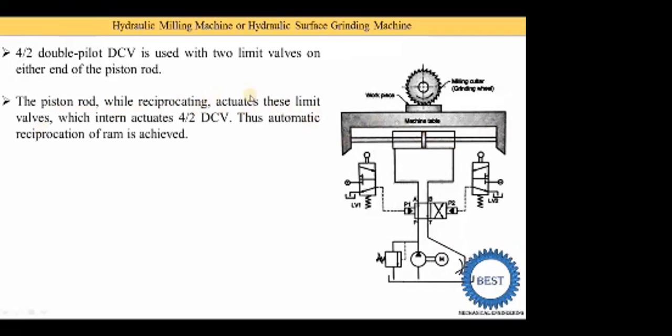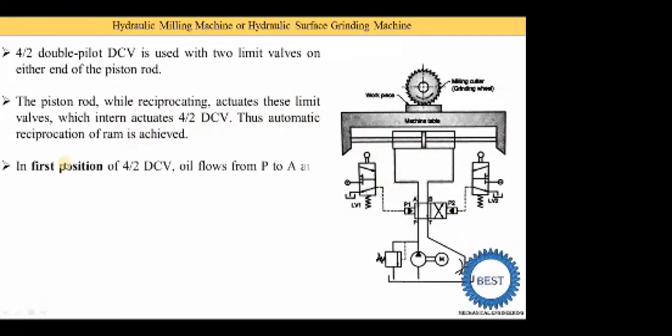Actuate means operate the limit valve, which in turn actuates the 4x2 DCV. Means when the piston rod actuates this limit valve, then the limit valve further operates the directional control valve, that is the 4x2 directional control valve. That's why 4x2 DCV is written here. Thus the automatic reciprocation of the ram is achieved.